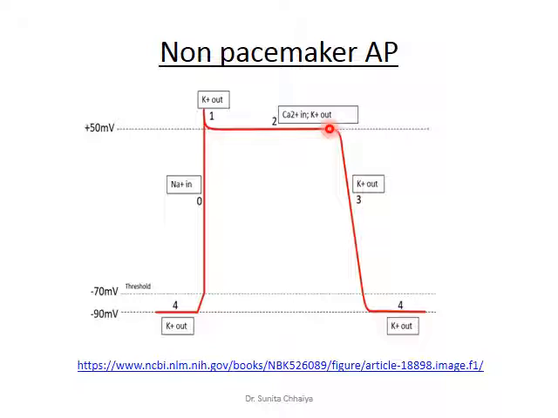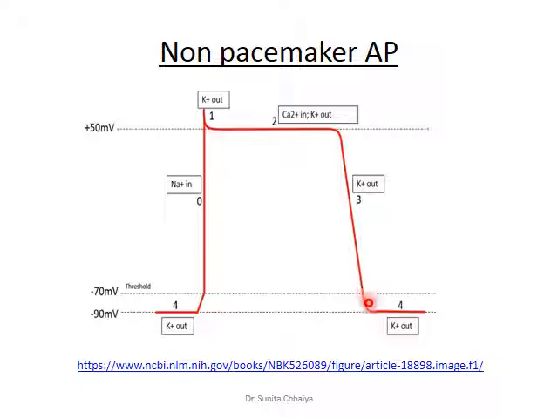So a plateau state is generated. Within a short period of time, the calcium channel becomes inactivated, in a closed state, and now the second phase of repolarization starts, known as phase 3 of rapid repolarization. Now only the potassium channel is in an open state.